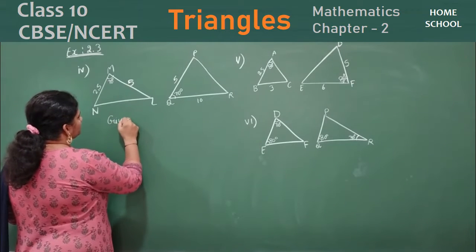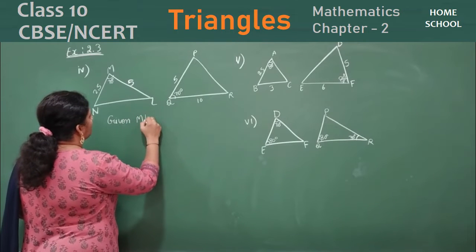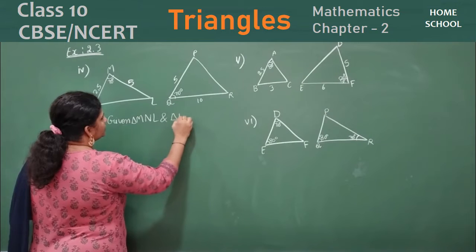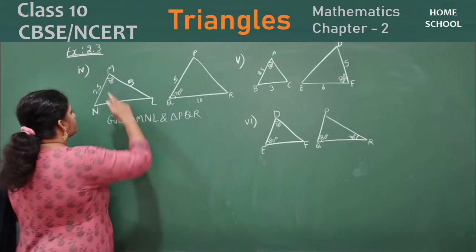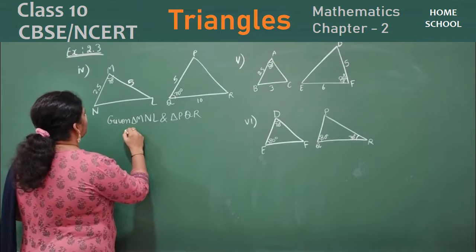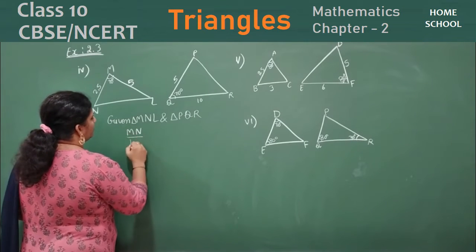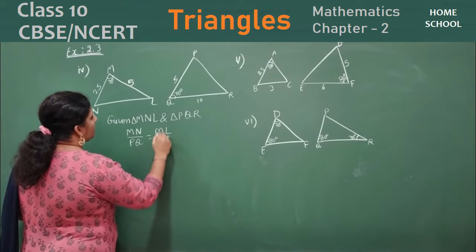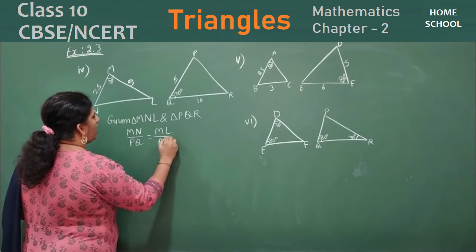Given triangle MNL and triangle PQR. From this what can you say? MN by PQ is equal to ML by QR.